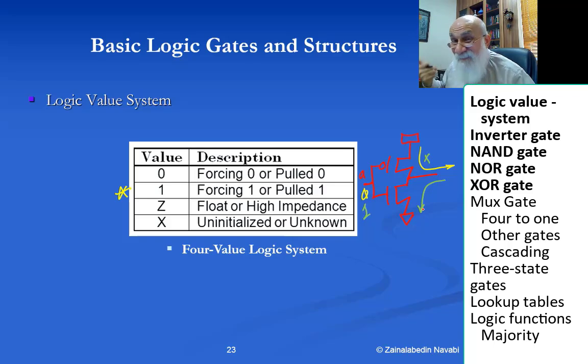But when it says driven, it's looking at it from the logical point of view, where a 0 from ground will be going and driving my output. So this is this situation right there, and this is giving me a 0. The arrow I'm drawing here, from the output down to the ground, is showing the current flow. If I were to show the logical flow, it would be this way, meaning a 0 is driving my output.